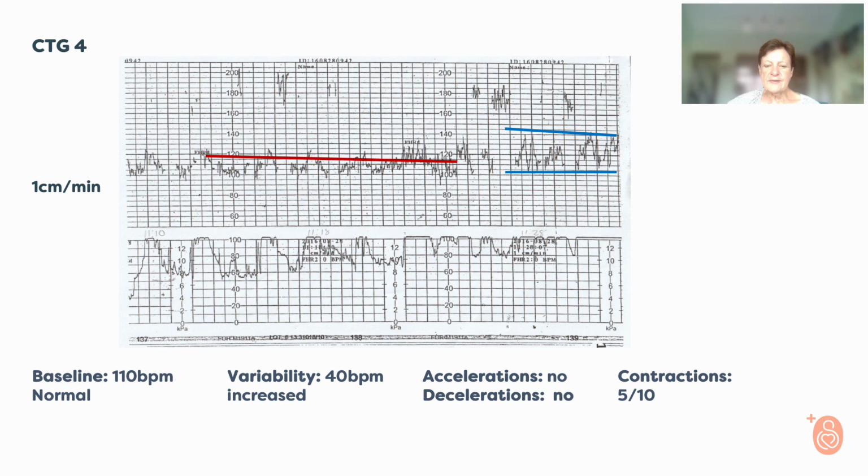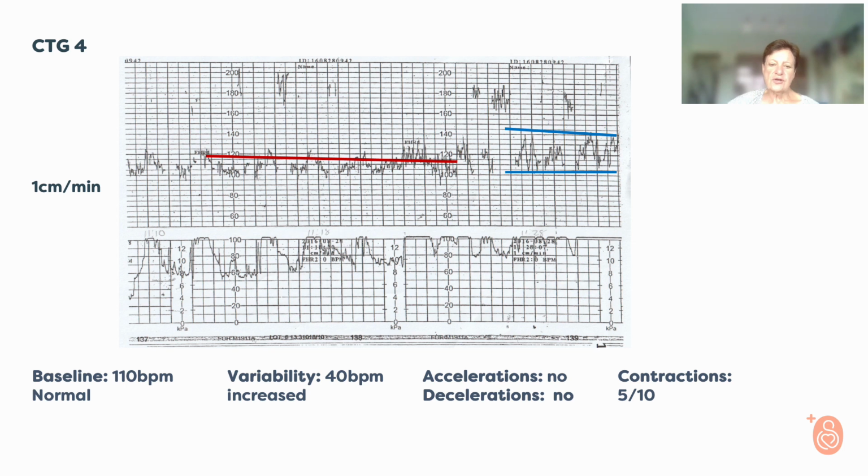Now, the variability, the definition that we have said, is the variability of the fetal heart rate. The fetal heart rate varies all the time, and we have said that there are two different ways in which you can determine the variability. You can either draw a line, again between periodic changes, at the bottom of the fetal heart and a line at the top of the fetal heart, and see then the range of the fetal heart.